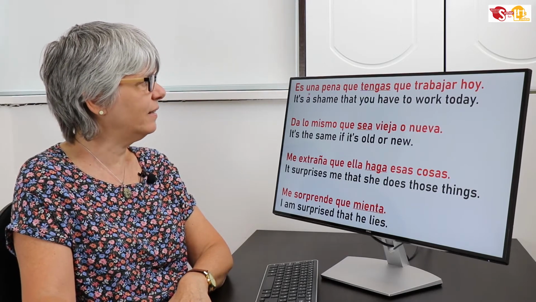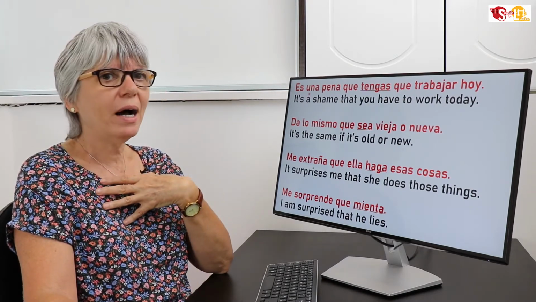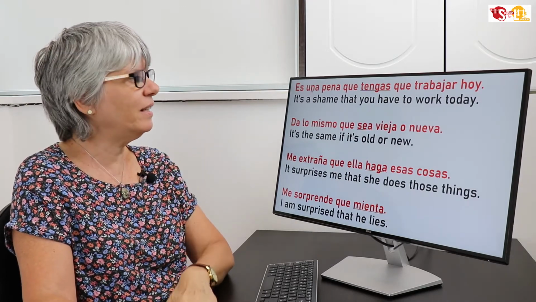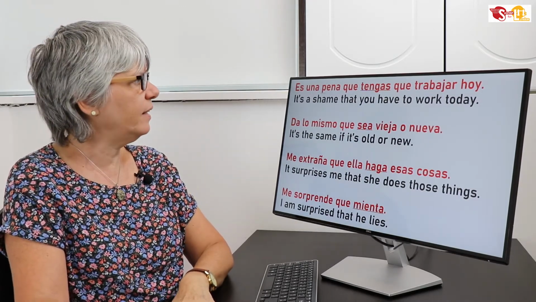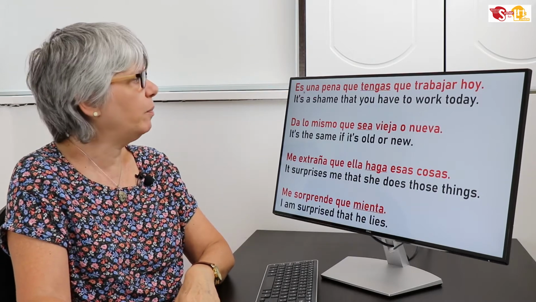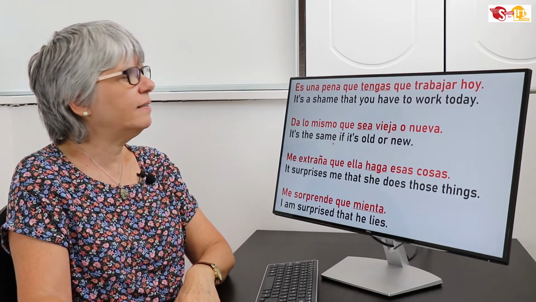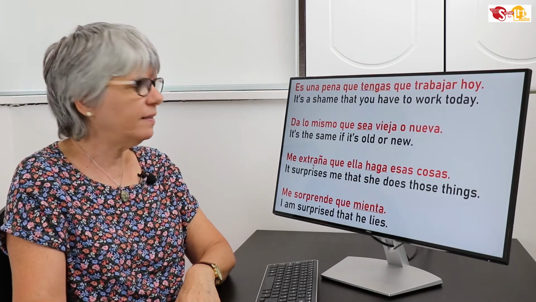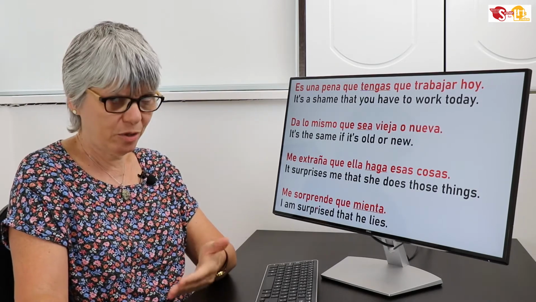In these cases, I am expressing my impressions, my feelings about something in the main sentence. It's a pity or it's a shame. Es una pena. It's the same. Da lo mismo. Me extraña. It surprises me. Me sorprende. I am surprised.